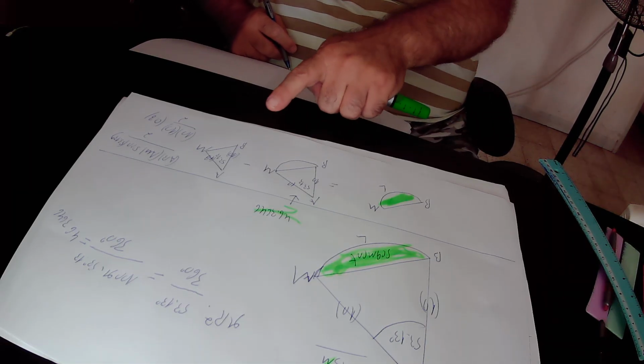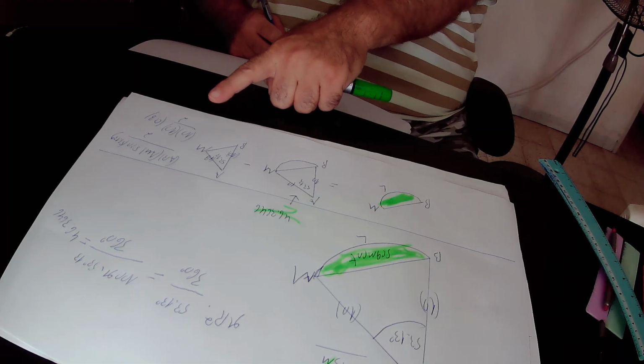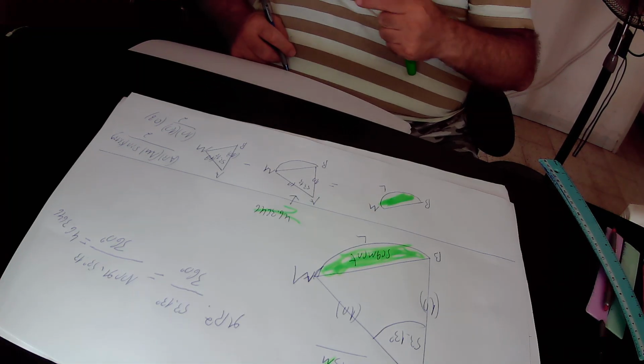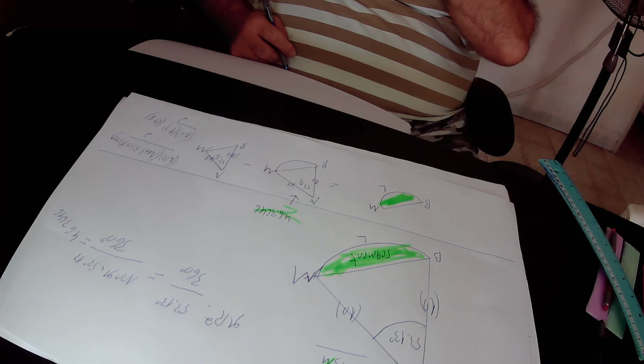So in total, the area of this triangle ABM, that is actually an isosceles triangle, equals 10 times 10 over 2 times 0.8. 10 times 10 is 100, 100 over 2 is 50, and 50 times 0.8 is 40.